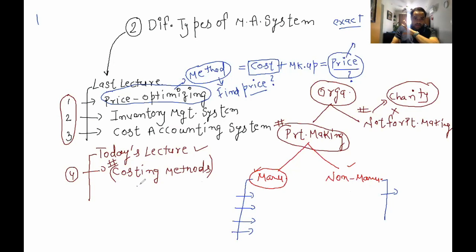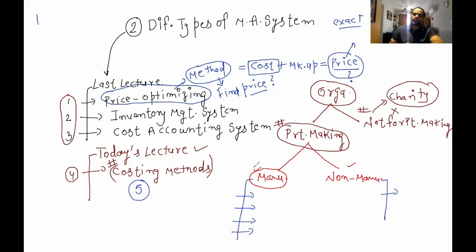So in total, we have 5 costing methods. 4 belong to manufacturing and 1 belongs to non-manufacturing. So for all non-manufacturing companies, we use only 1 method. But for manufacturing companies, we have to apply 4 different methods.